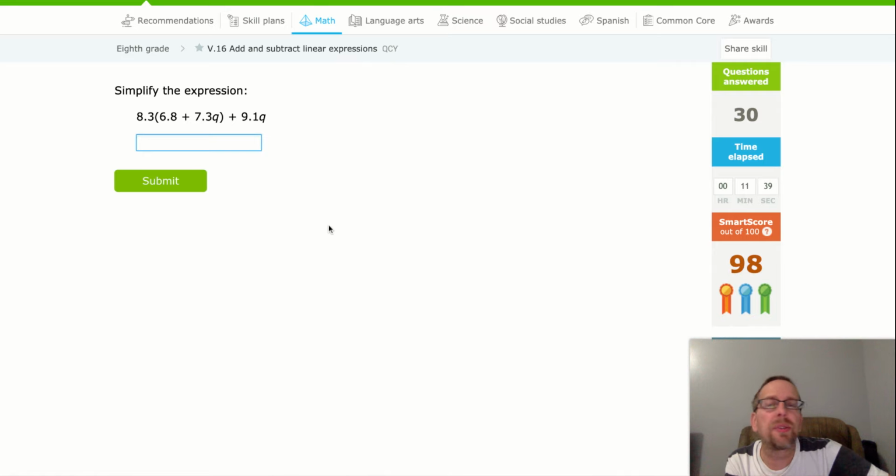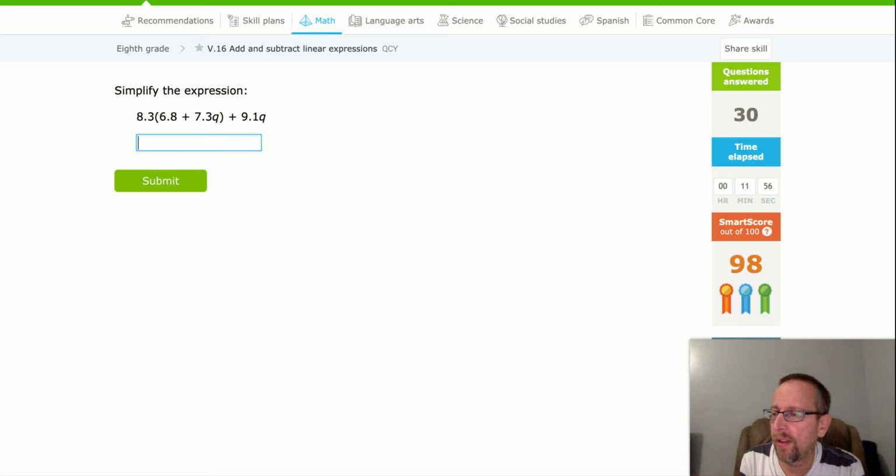Ooh, we got some decimals here. I'm going to actually use my calculator here. So I'm going to realize I have 2 terms with the q, but I need to multiply in the 8.3 first. So that 8.3 times the 7.3, so I'm just using a calculator, okay?